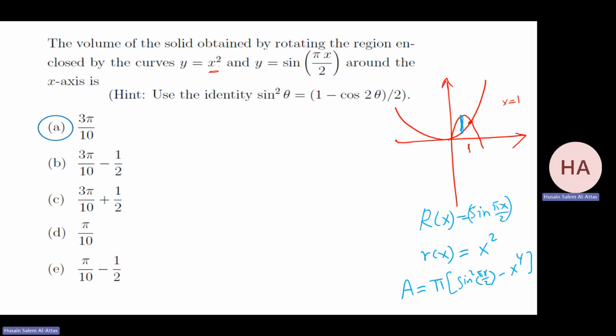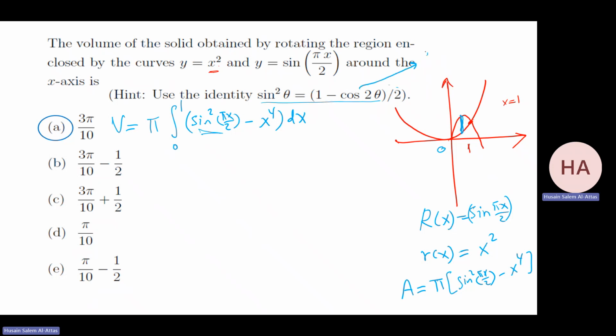And that gives me what? So the volume will be, from where to where? From 0 to 1. This function minus this function: pi times the integral of sine squared of pi x over 2 minus x to the power 4 dx. Now we need to be careful with this one, using this formula.